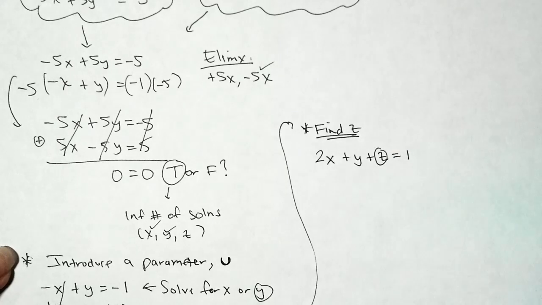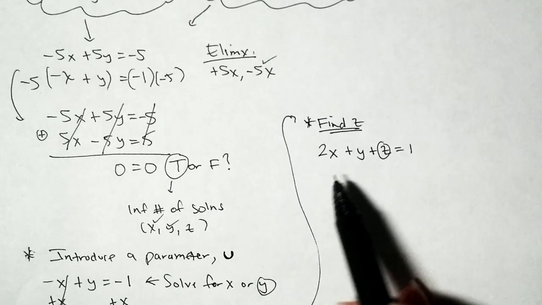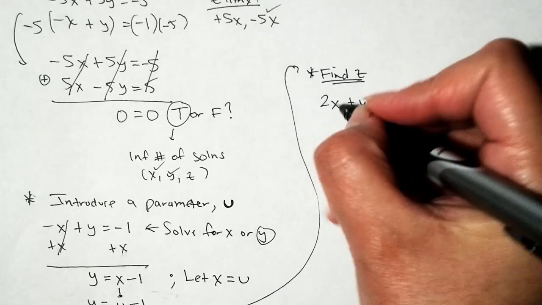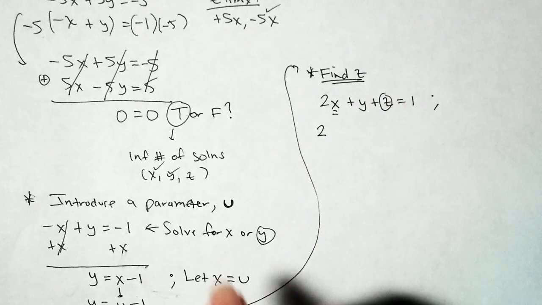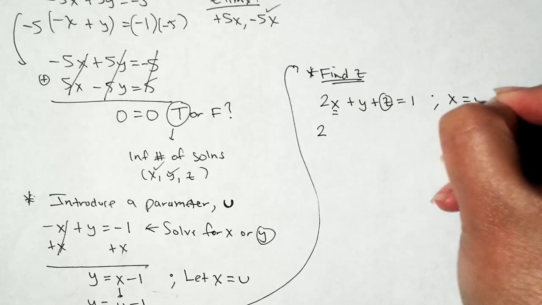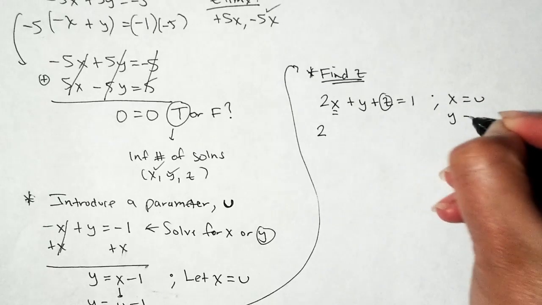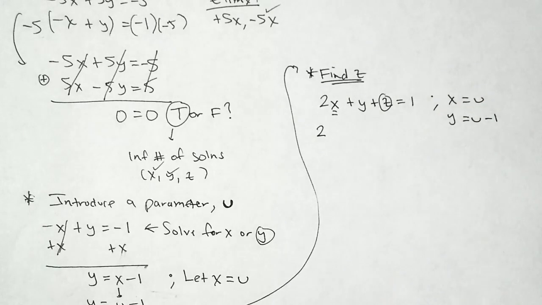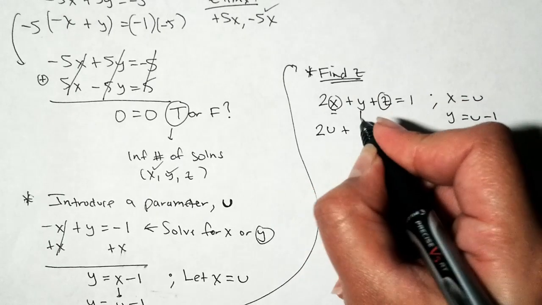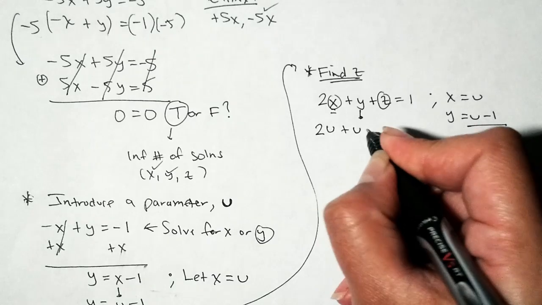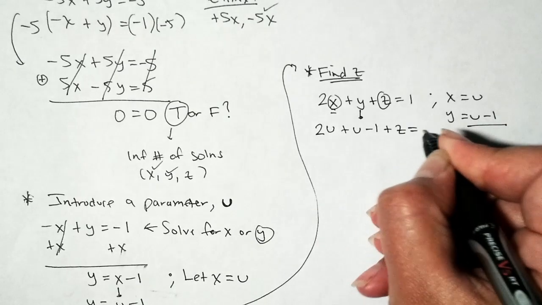We wanted to find z, so we need to have expressions for x and y, and we do. Okay, so we have 2 times x. Let me go ahead, remind myself. We have that x equals u, and we have that y equals u minus 1. Okay, so 2 times x, which is u, plus y, which is u minus 1, plus z equals 1.